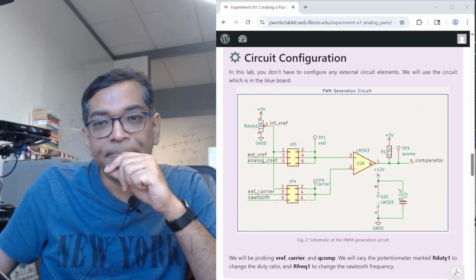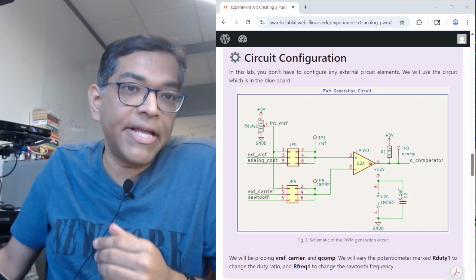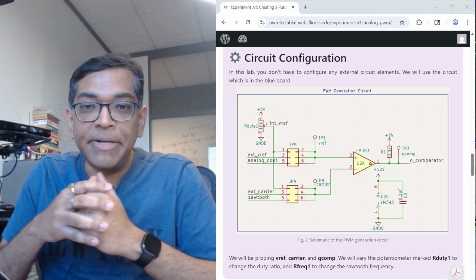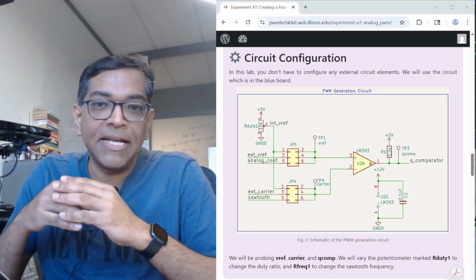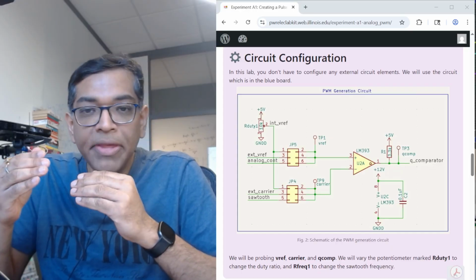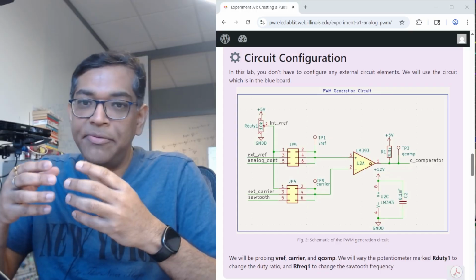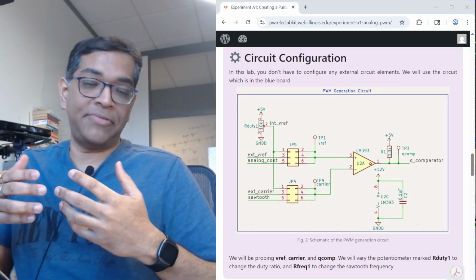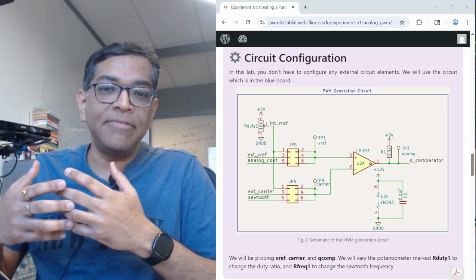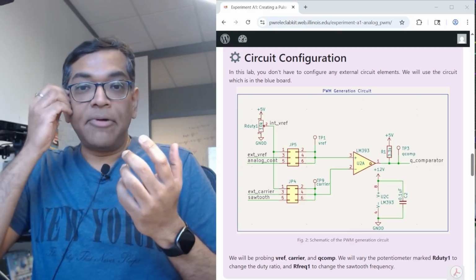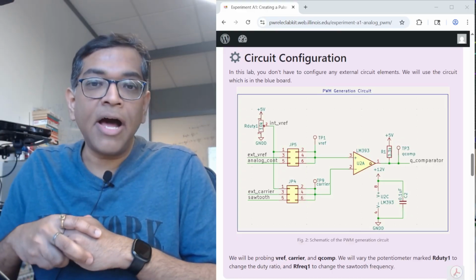We will provide it with a carrier waveform on the inverting terminal and a reference signal on the non-inverting terminal. There are lots of ways you can configure the kit: you can provide the carrier signal externally or have it generated internally, and the reference signal can likewise be provided internally or externally, depending on how you configure it.